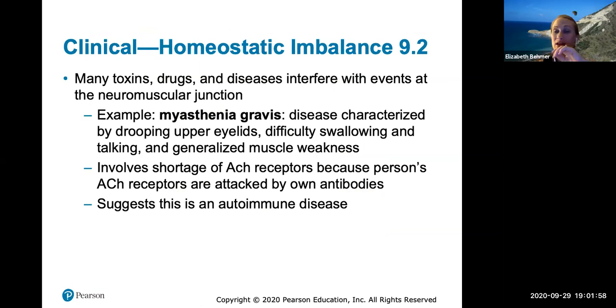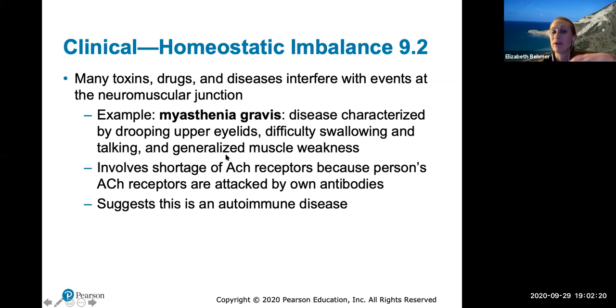Some clinical references to this: many toxins, drugs, and diseases interfere with events at the neuromuscular junction. So myasthenia gravis is a disease characterized by drooping upper eyelids, difficulty swallowing and talking, and generalized muscle weakness. So kind of a grave muscle condition.